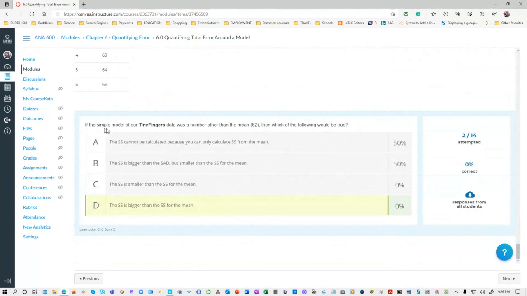Look at it. If the simple model of our tiny finger data was a number other than the mean, 62, which of the following would be true? The SS is bigger than the SS for the mean.